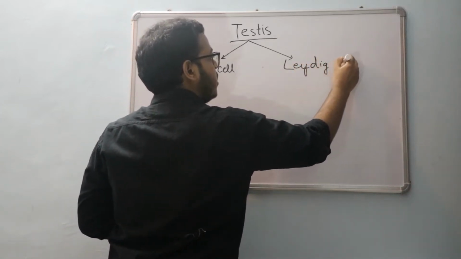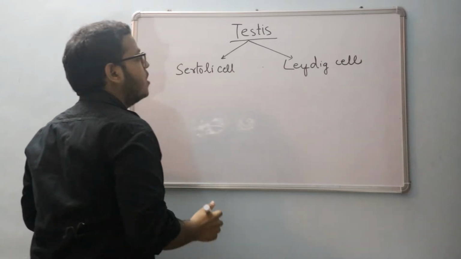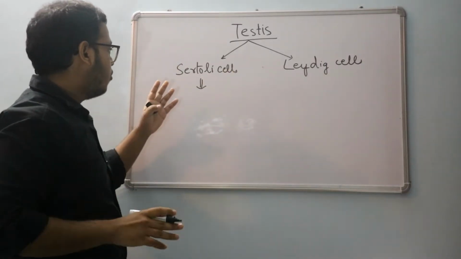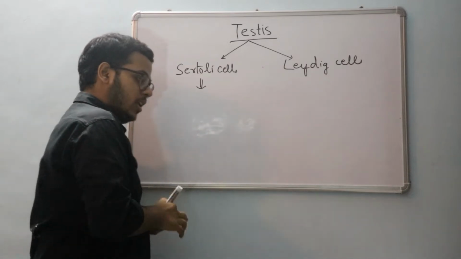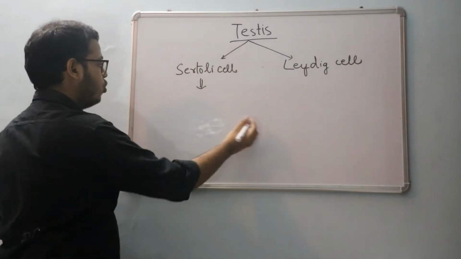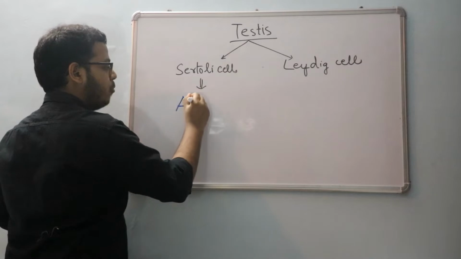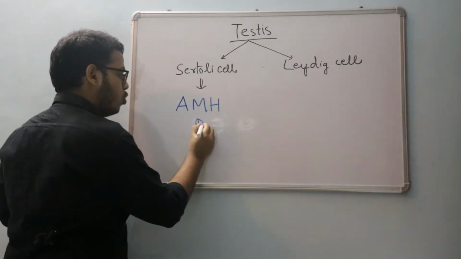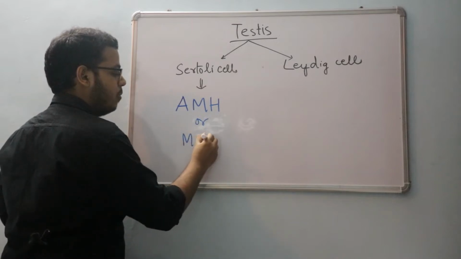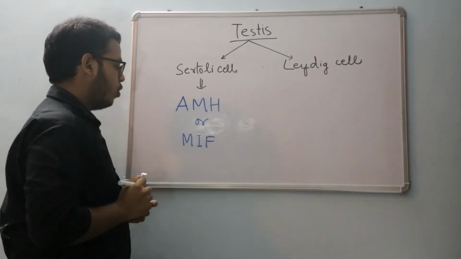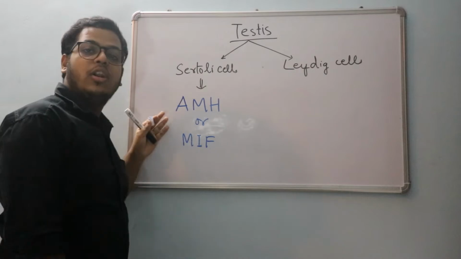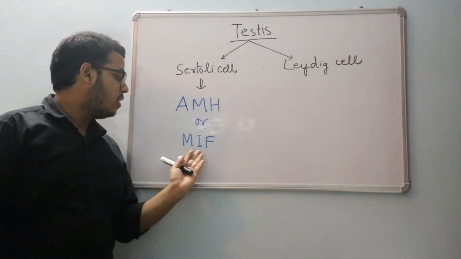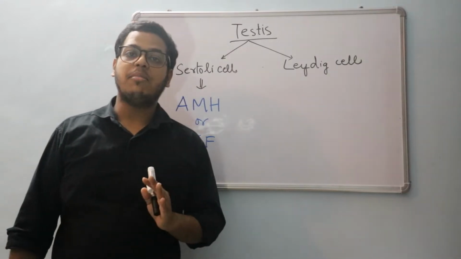The Sertoli cells will produce the anti-Mullerian hormone, AMH, which is also known as the Mullerian inhibitory factor. Either you can call it the anti-Mullerian hormone or the Mullerian inhibitory factor, MIF.